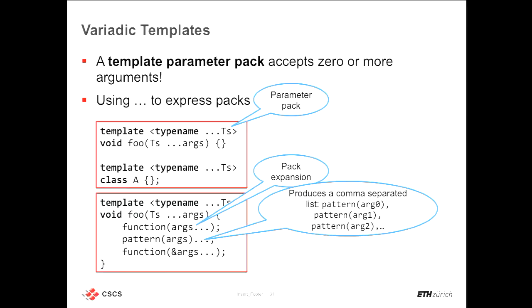It can work also, for instance, getting the address of all the arguments. So this will call the function with the address of argument 0, address of argument 1, etc. Okay? So far, it doesn't look that complicated. This is for the function template.